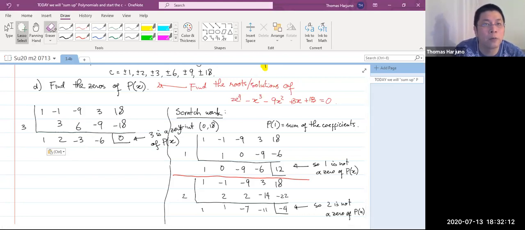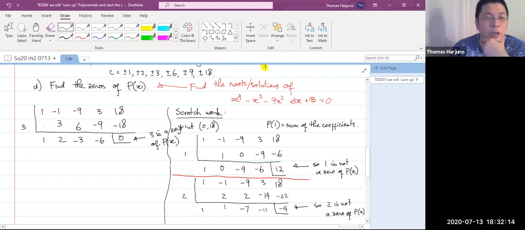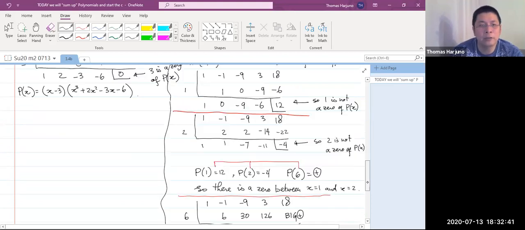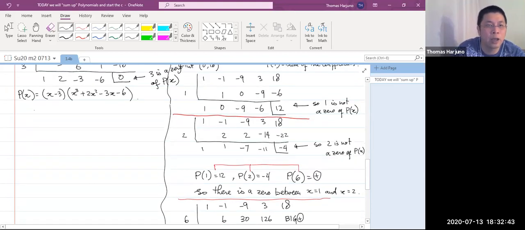Now from here we go on. Basically the polynomial P(x) has now become x minus 3 times a polynomial. The polynomial was degree 4, so when I divide by x minus 3, now I have degree 3. Now from here you see again if you can reduce this further.